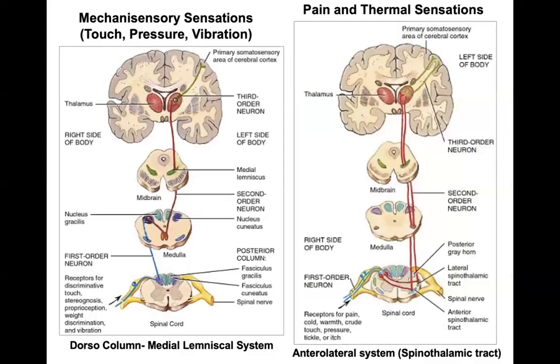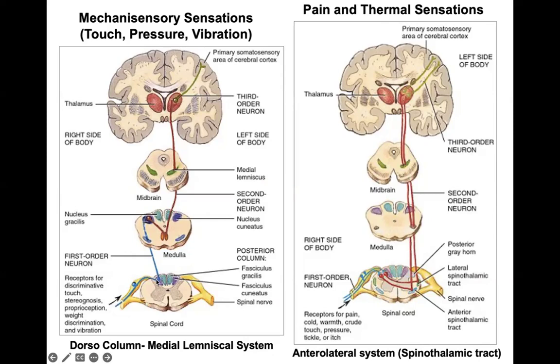Now, continue where we left off last time. You have different types of receptors. After the receptor is stimulated, an action potential is developed, and that action potential then travels along the nerve, along this axon, and arrives at the spinal cord.